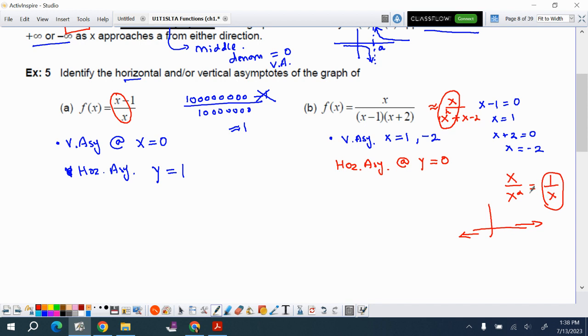We will talk about this again in the rational function unit, but at this time you should know that this is a bottom heavy function, or x over x squared becomes 1 over x. Because x is very, very large, you just ignore all other numbers, you only look at the leading term. And 1 over x has a horizontal asymptote at 0, so that's why this function has a horizontal asymptote at y equal to 0.